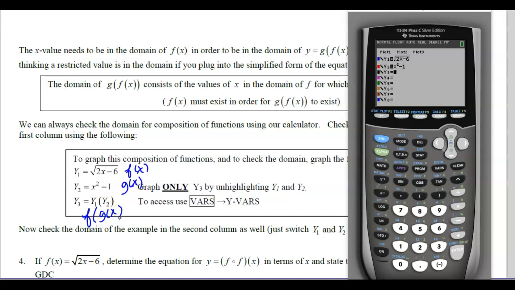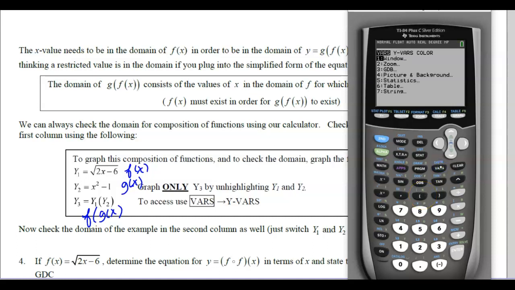So how do you get those? Okay, well, you go vars. So vars for variables. Cursor right to Y-vars. Enter on that, and you'll see a y1. So choose y1. So enter on that. Then open bracket and do the same to get y2.